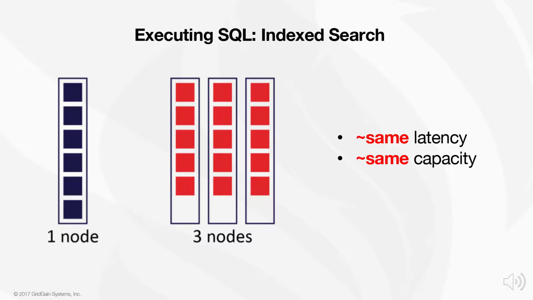So we have much less data on every node. But the amount of iterations we have to do through the tree structure, through the index, is pretty much the same. You would not even notice the difference. So the latency of this query is going to be the same. And on top of that, the capacity doesn't change either. Because, I mean, basically, every node has to do the same amount of work, regardless of how many nodes we have.